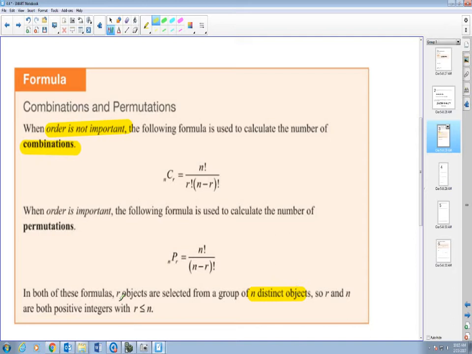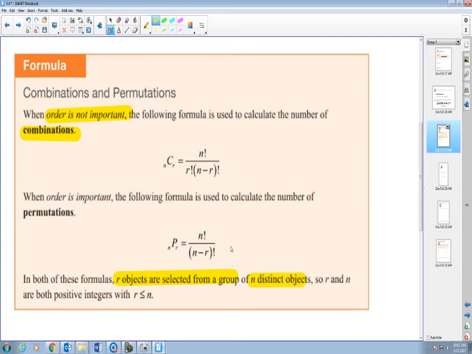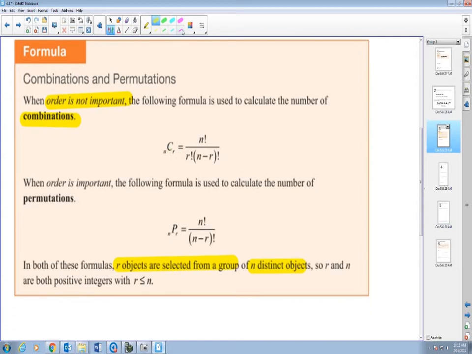R is how many we're going to select from the group. So we got N distinct objects, choosing R of them using combination. Alright, permutation is where order is important. So we got N distinct objects, choosing R of them using permutation.